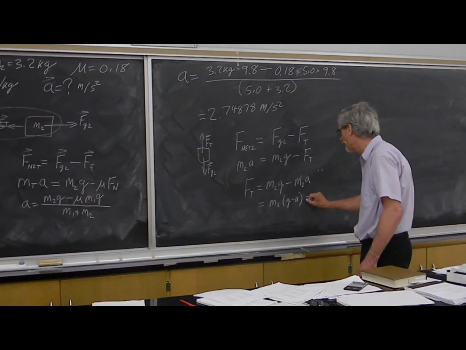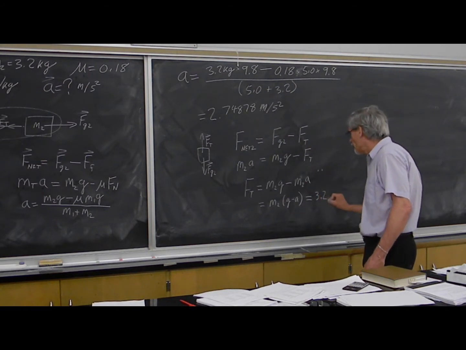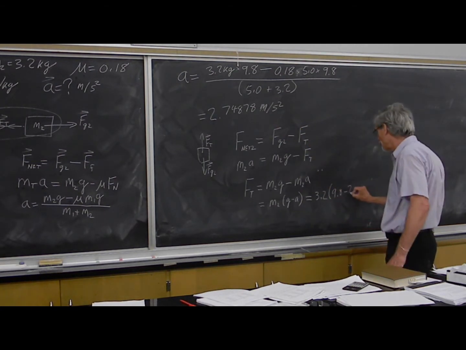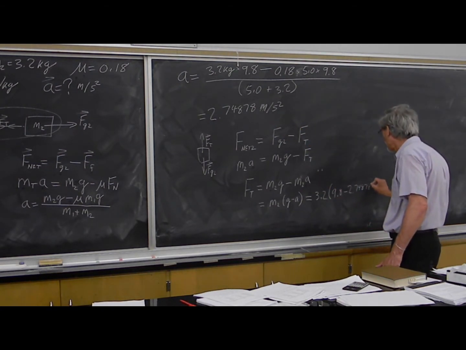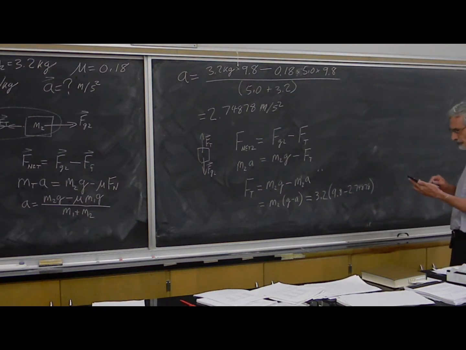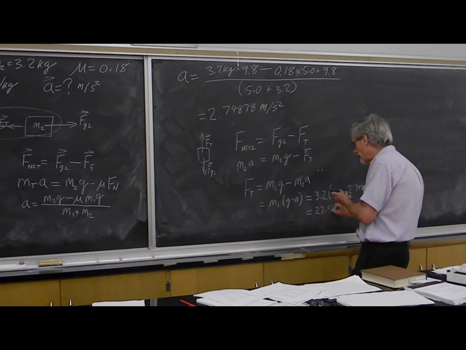Now we can put the numbers in for that, and we will get 3.2 kilograms times 9.8 minus 2.74878. 9.8 minus 2.74878 equals, times 3.2 is 22.5639.